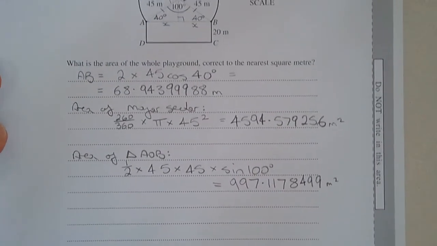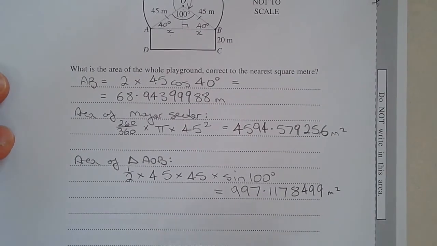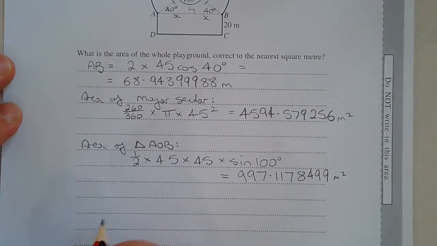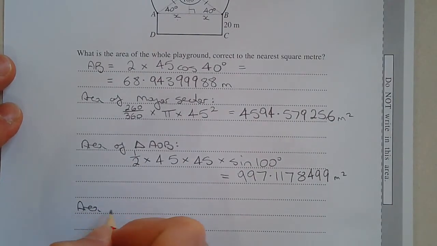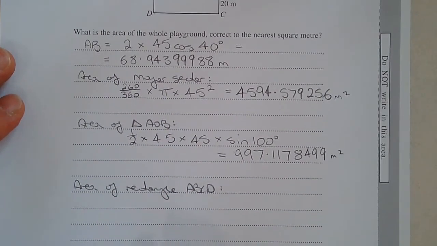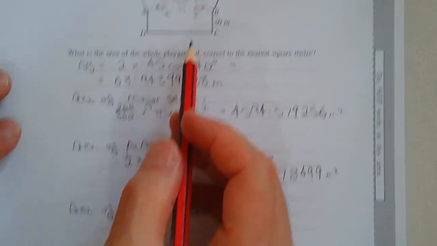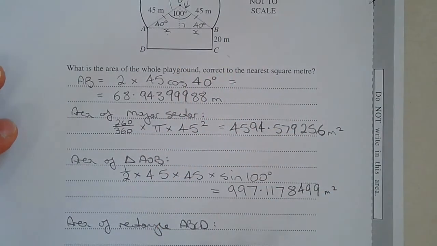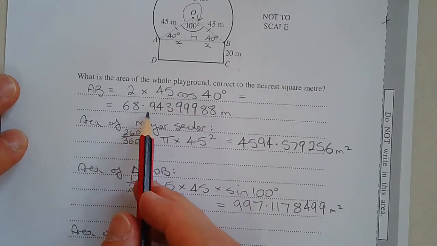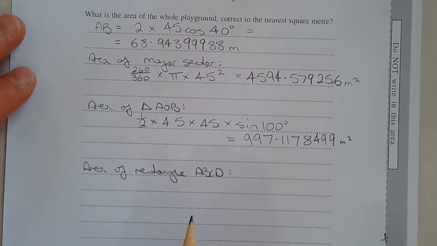And that's that. And lastly, rectangle ABCD. That's just length times width. We have the length already, which is 68.943, and so on.